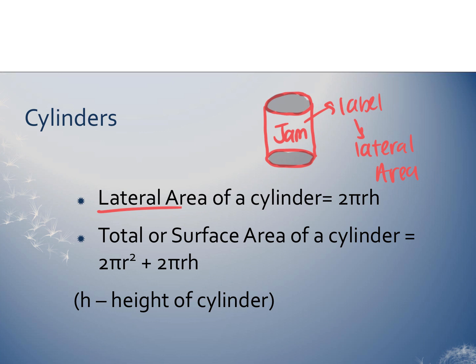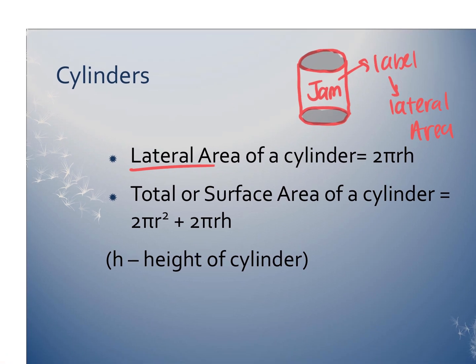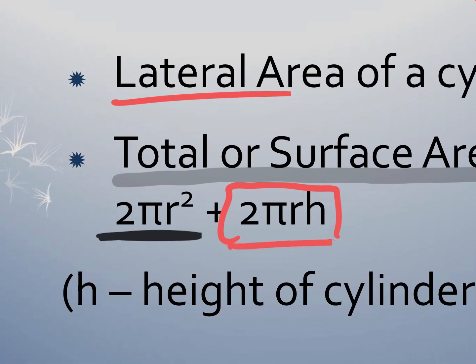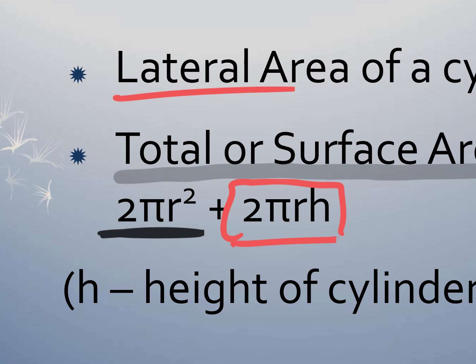Now, the total surface area takes the lateral area, which was 2 pi times the radius times the height, but it adds a piece to it. And that piece is 2 pi r squared. What does that look similar to? 2 pi r squared.